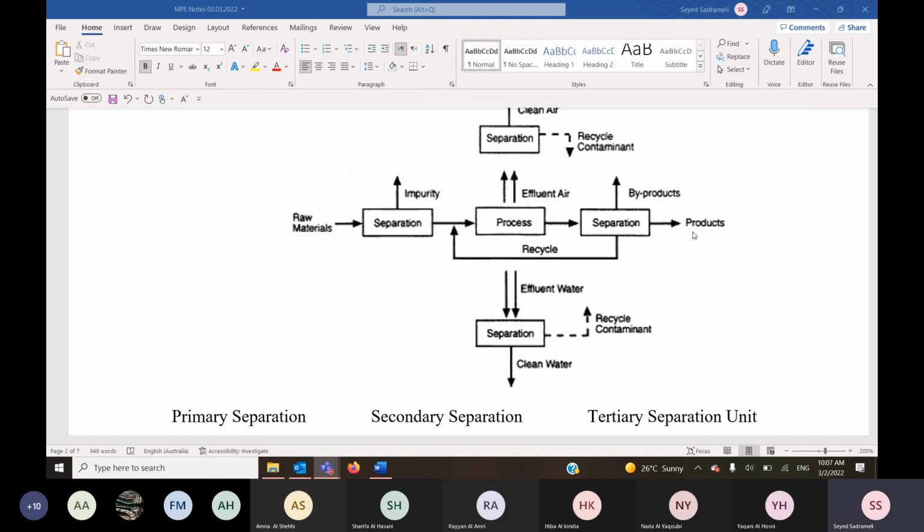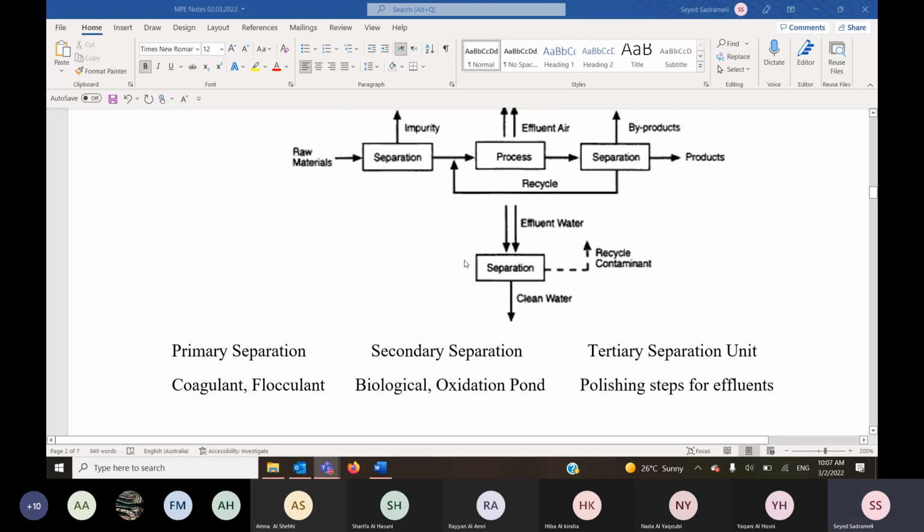We also have some of the byproducts that will be recycled back to the system for the process. If you have effluent water as a product or byproduct of the system, this also goes to the separation, and you have clean water output, and some contaminants may be recycled to the waste treatment.